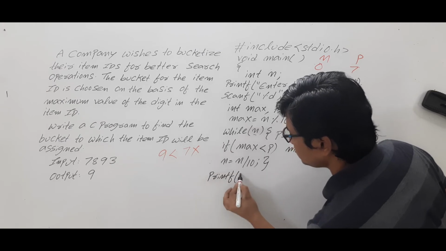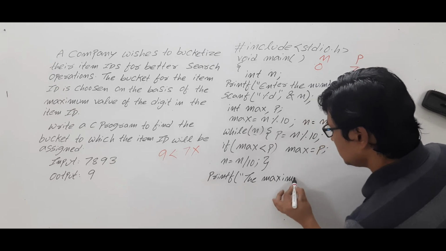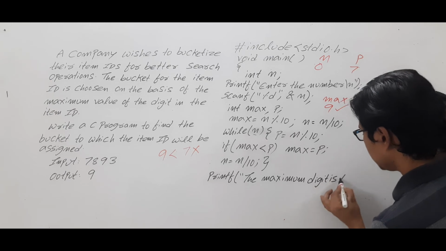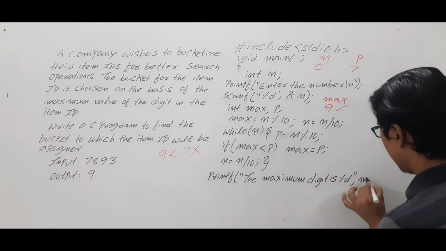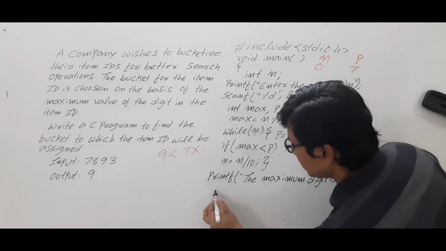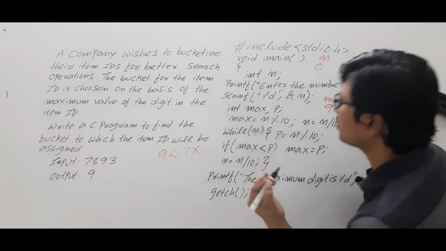Printf, the maximum digit is %d, max. Then I will write getch and I will close the main function.